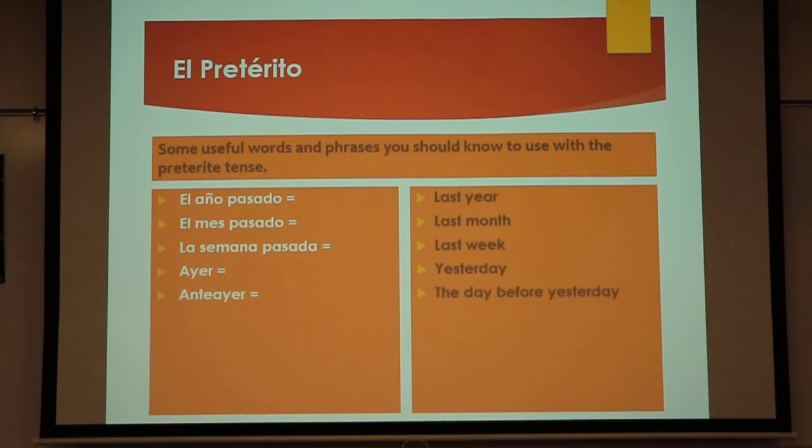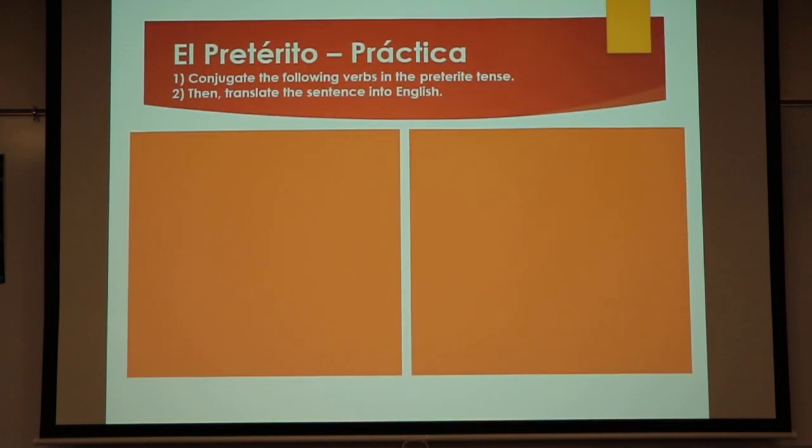Anteayer, the day before yesterday. Anoche, last night. Una vez, one time. De repente, suddenly. Ya, already. Again, you could pause this whenever you want if you need to copy things down.